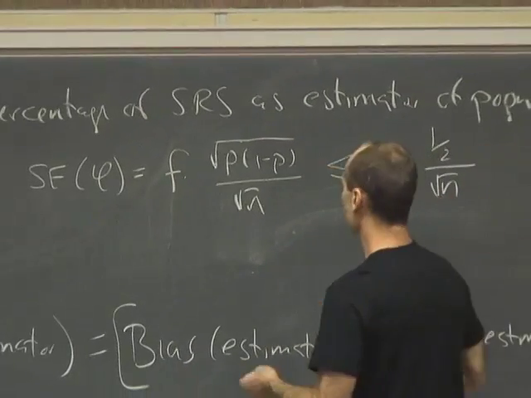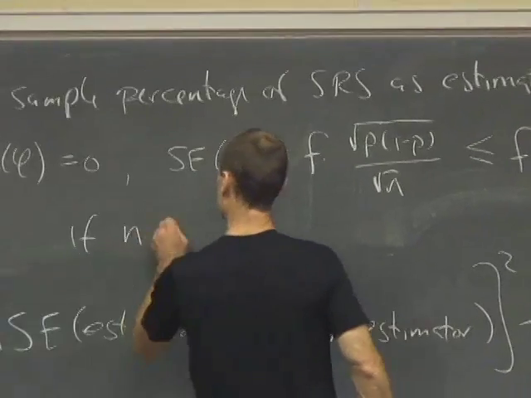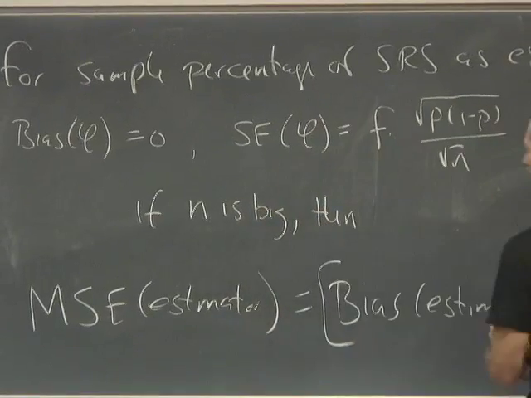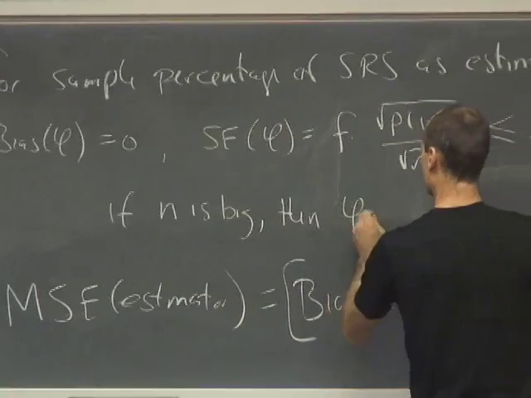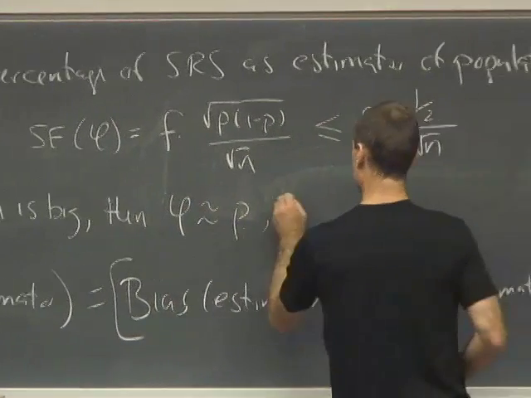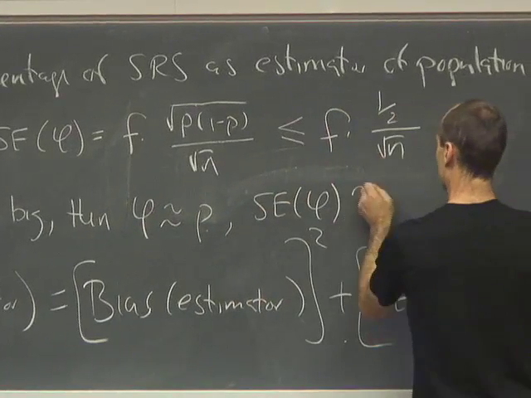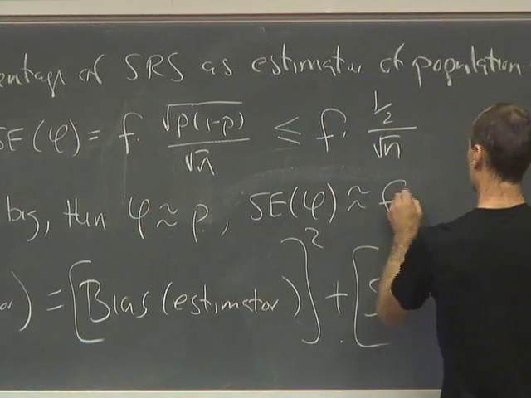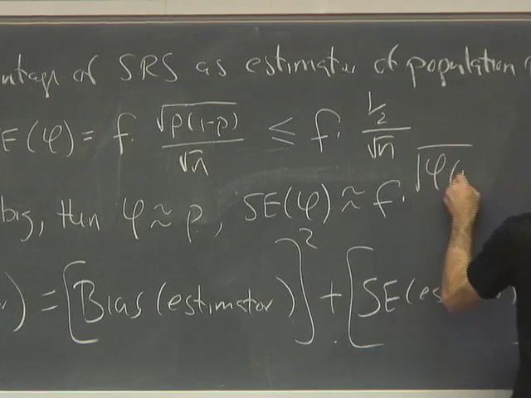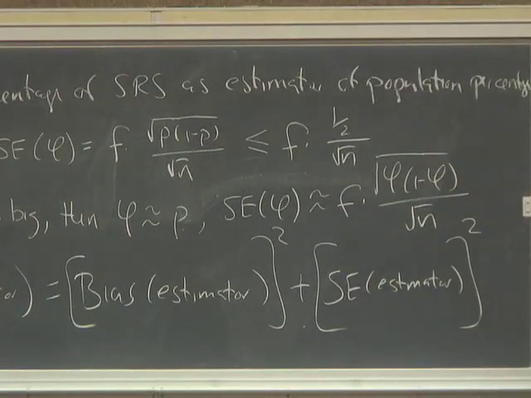And we know that if the sample size is large, then this ought to be about the same as p. And so the SE of the sample percentage ought to be about f times the square root of the sample percentage times 1 minus the sample percentage over root n.